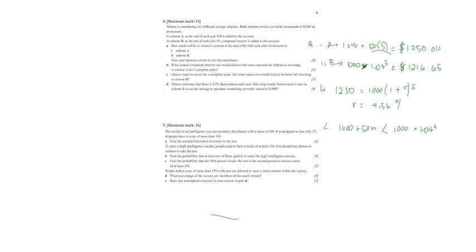So there are two things that you can do here. You can do a numerical solve, or you can use a spreadsheet where, for example, in column A, you can write x, and then 1, 2, 3, up to let's say 15. And then for scheme A, you include a formula here, 1000 plus 50x, because x is the number of years.